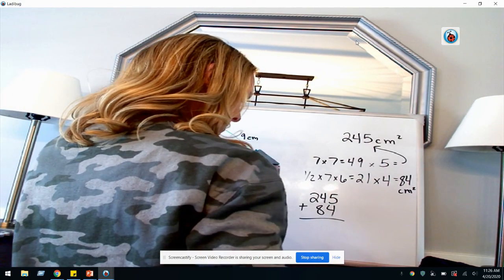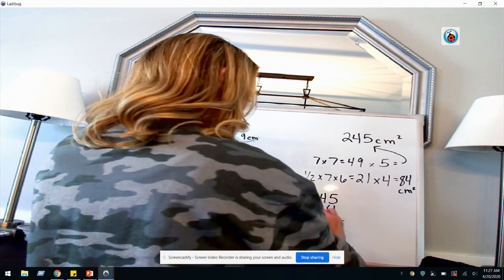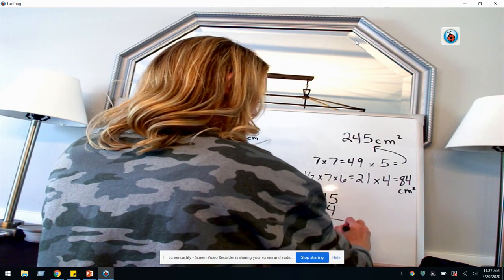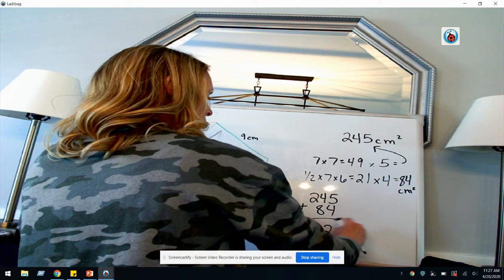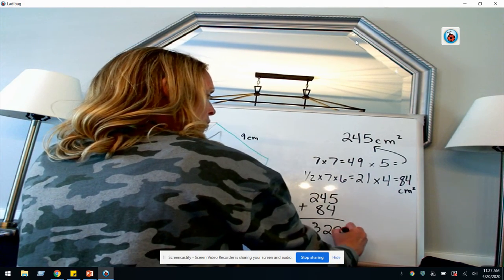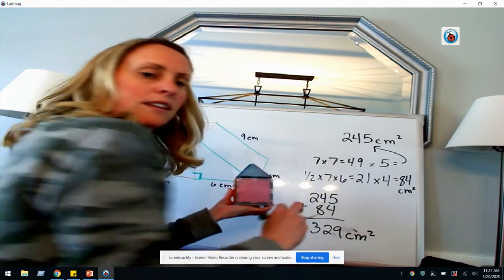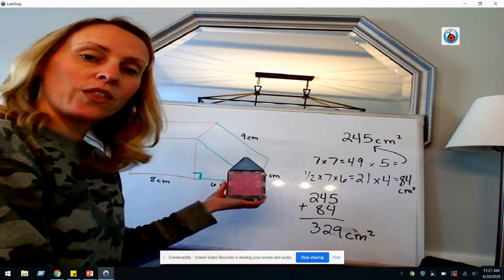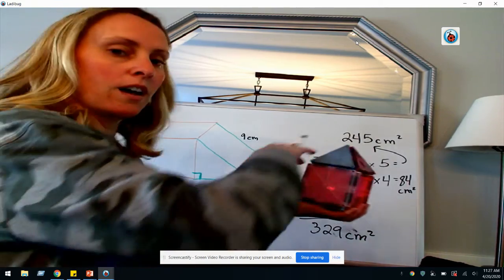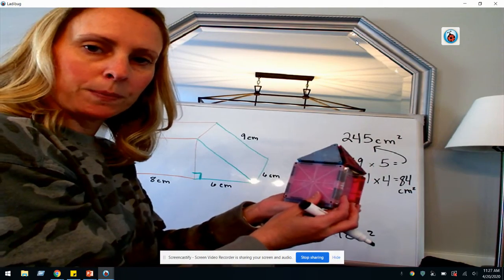Add those up, and I've got 329 centimeters squared. Okay, so that would be the surface area of this entire shape.